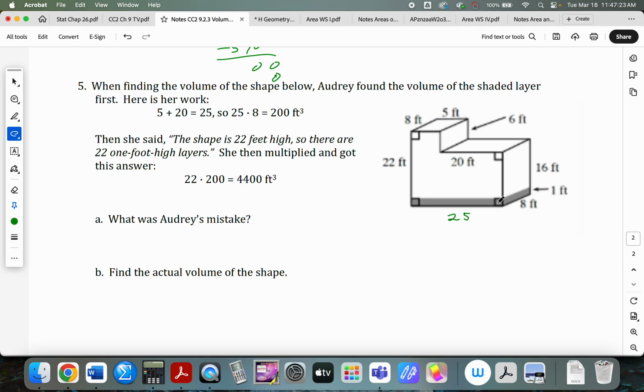Okay, so yeah, she assumed that the height of the whole shape was 22 feet. And it's not.